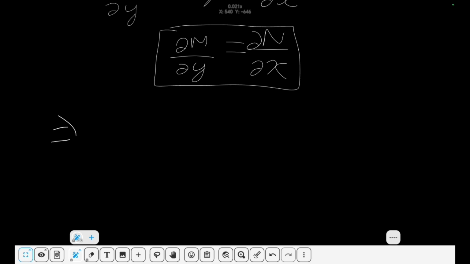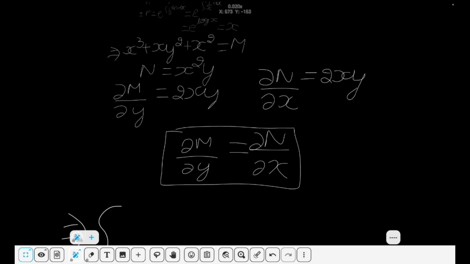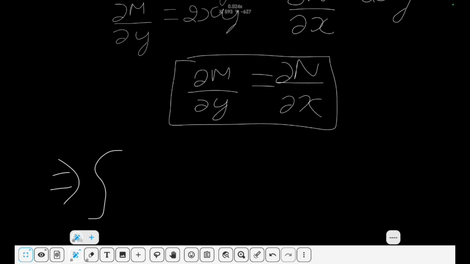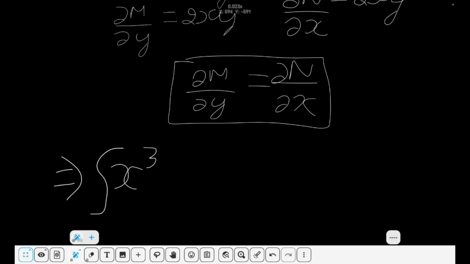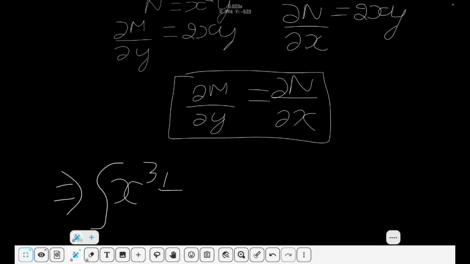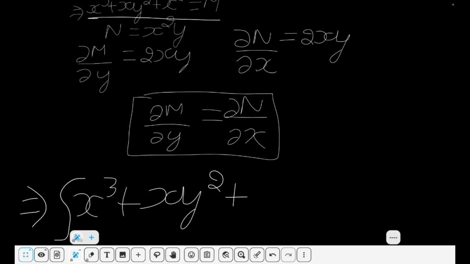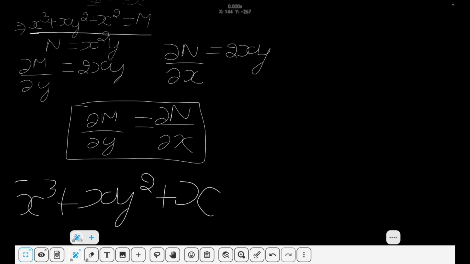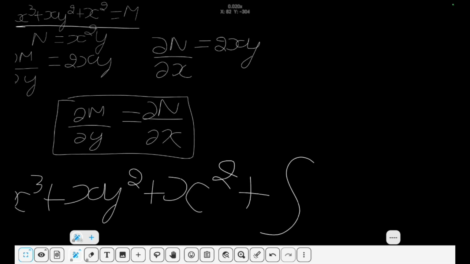So the solution would be integration of M, which is x cube plus xy square plus x square. Remember the equation which you have got, that one you need to take, you shouldn't consider the question here. Plus integration of N, only the y component should be taken here.